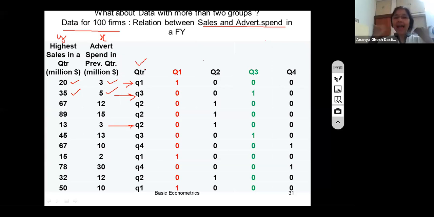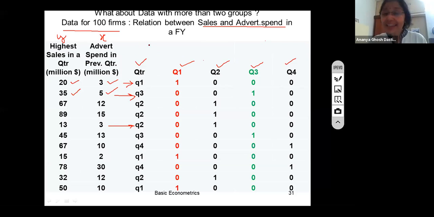So as I look at the effect of advertisement spend on sales, I can add some dummy variables to check whether the quarter matters. Is there a quarter effect?